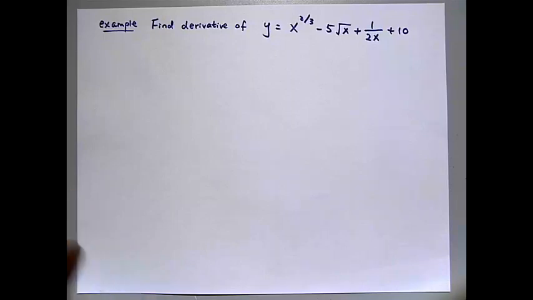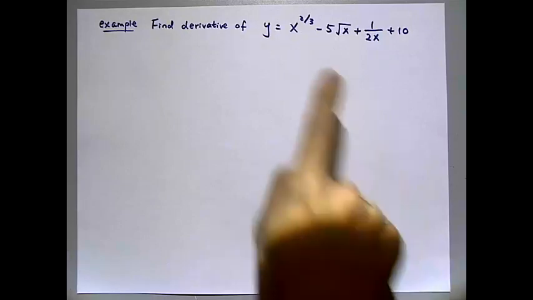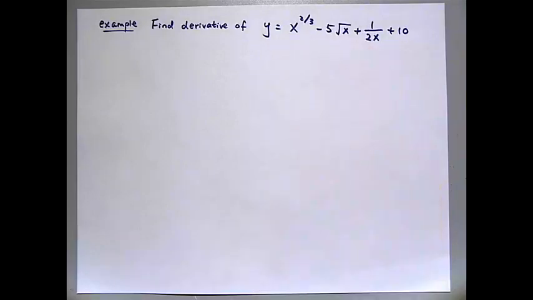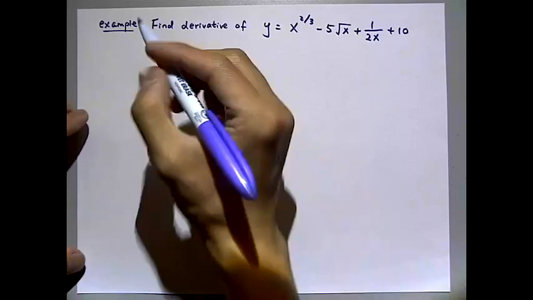Okay, we know how to handle these things individually. We know if we can put them into the form of x to the n, we're done. And also, they're all separated by plus or minus. So this is a very, very easy thing to handle, just using what we have already seen.